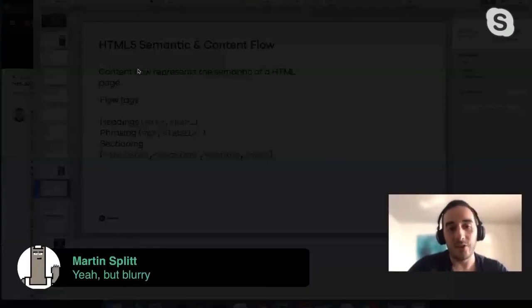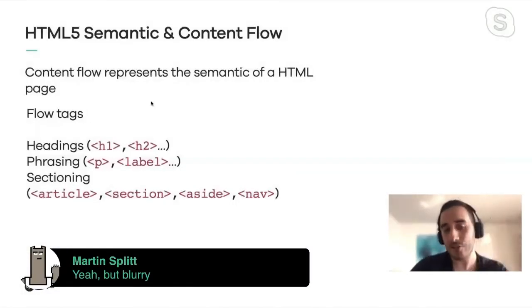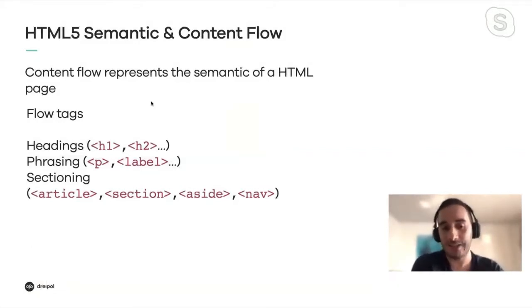Here we go. So the difference between an article and a section, just for you, just today, is that an article should contain standalone content of your application that could be used anywhere else. So for instance, if you are running an e-commerce site, like Migros, and you want to sell your products, your fridge probably could scrape the HTML and find out that you are missing, for example, cheese.